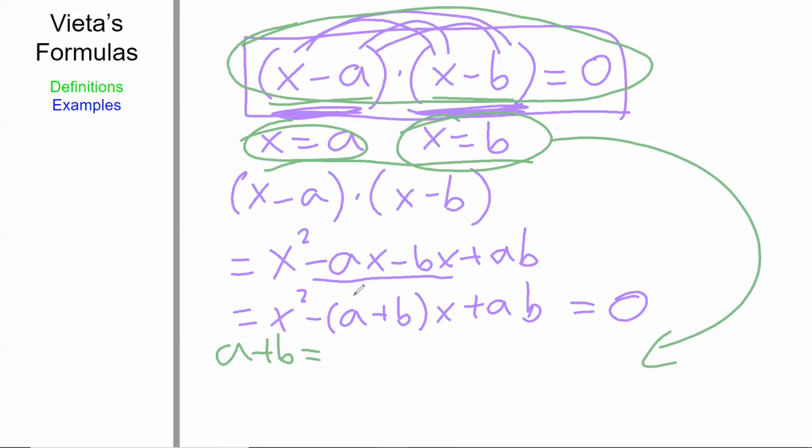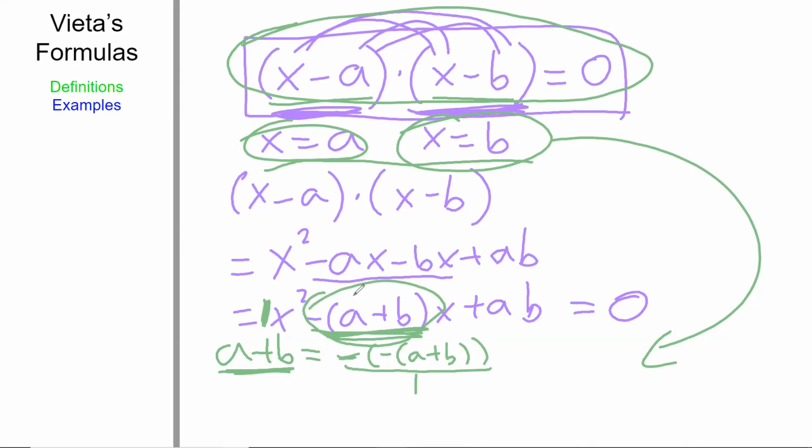So a plus b, the sum of the two solutions, you'll notice that our second term in this quadratic actually looks very similar. In fact, it's equal to the negative of this second term divided by the coefficient of the first term, since there is an invisible 1.